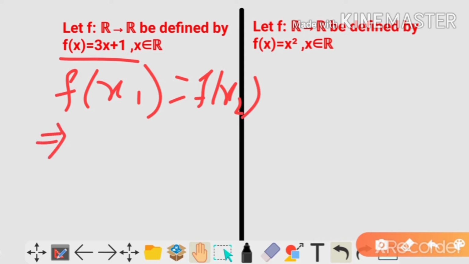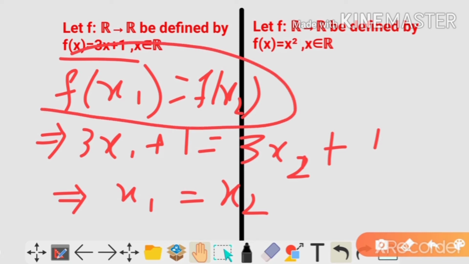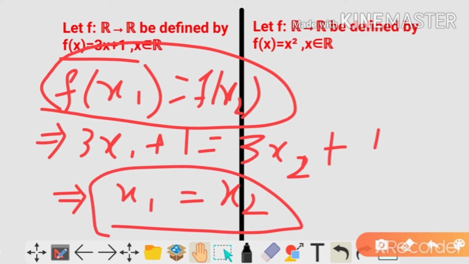Now it will imply that 3x1 plus 1 is equal to 3x2 plus 1, and it will imply that x1 equals x2. So we have taken that f of x1 equals f of x2, and it implies that x1 equals x2. So it also proves that the first function is injective.